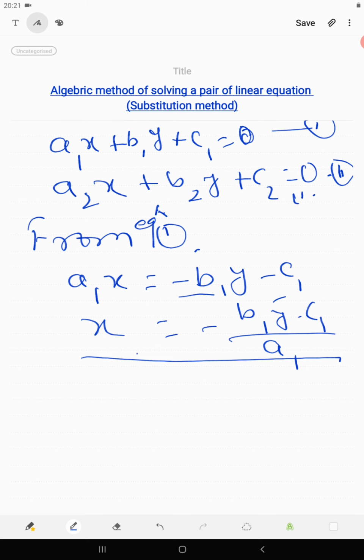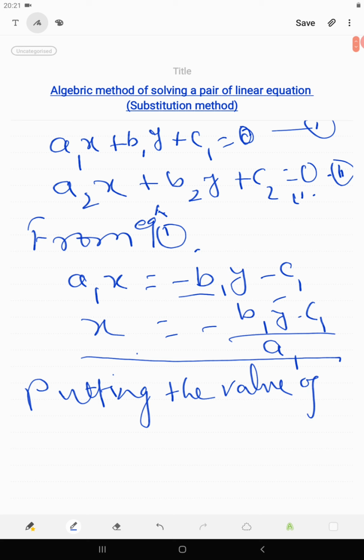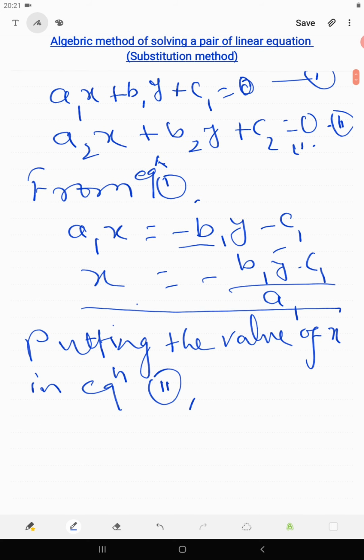So putting the value of x in equation 2: whatever value of x we have got from equation 1, I will put into equation 2.